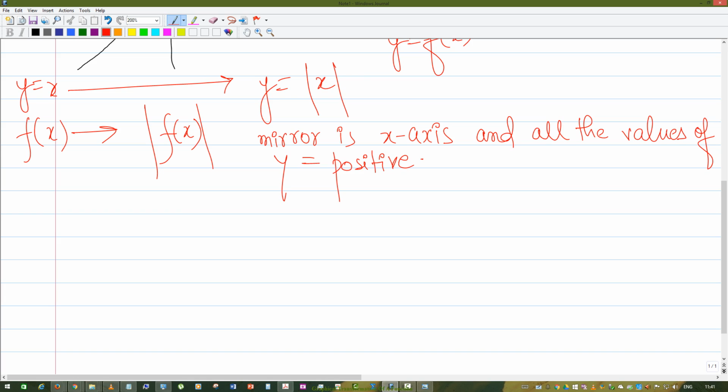That is, where I was getting y as negative, this will all change to positive, from negativity to positivity.